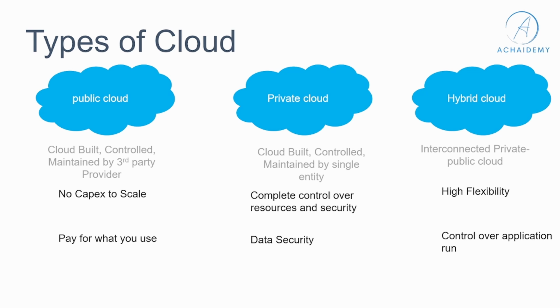The third type is the hybrid cloud, which is a combination of private and public, thereby allowing you to have some of your secure data be part of your private cloud or the data center, and all other applications and non-secure applications or customer-focused applications can go into public cloud.